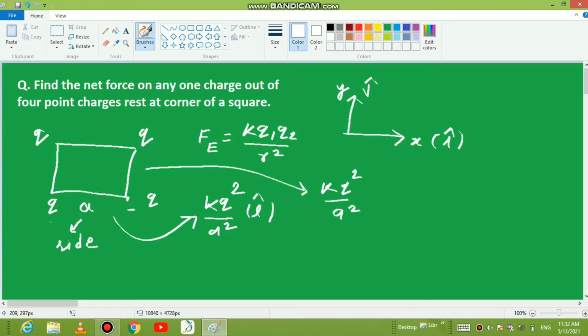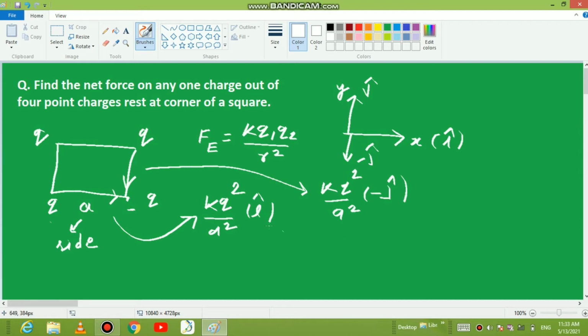Let us take the direction of force in this way, so the direction of force between these two charges will be negative of j cap.